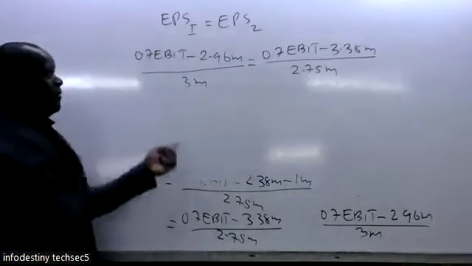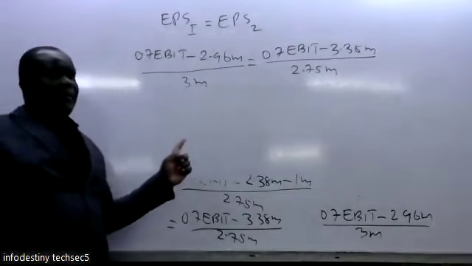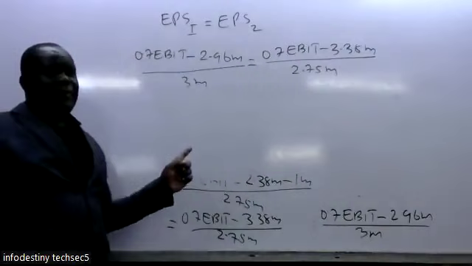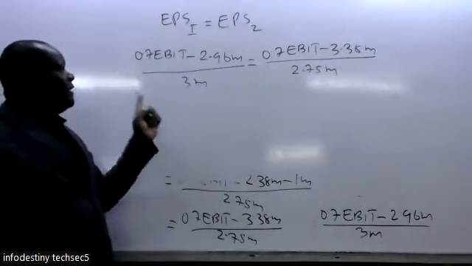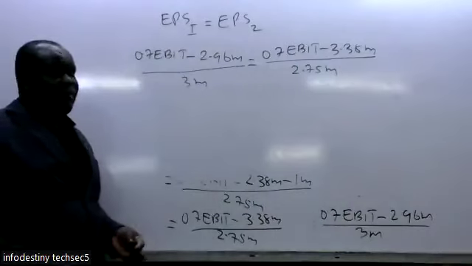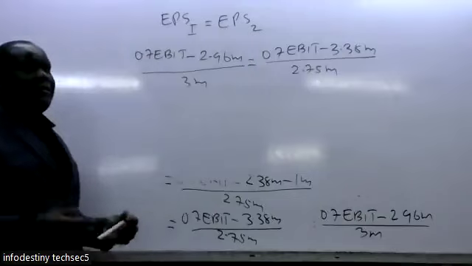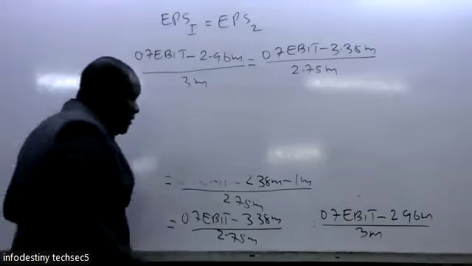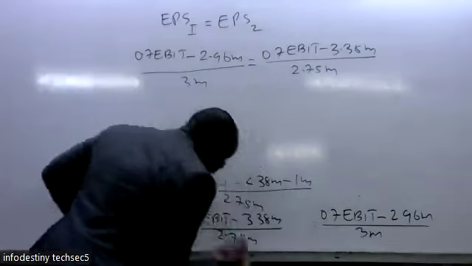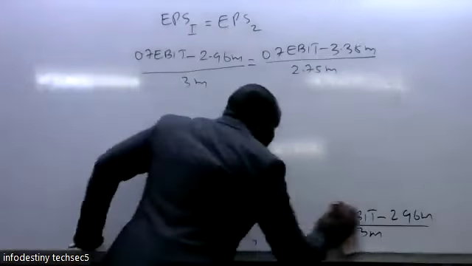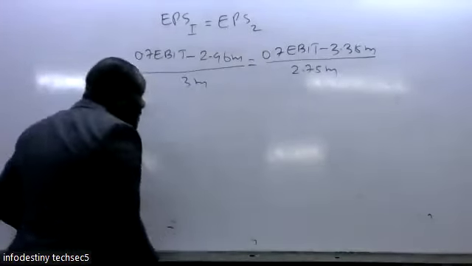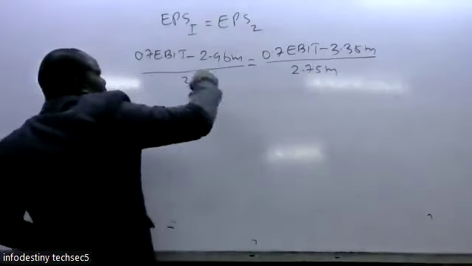So we shall cross multiply. After we cross multiply, we shall now make earnings before interest and tax the subject, then we see how much. So if we cross multiply, it will be this way.